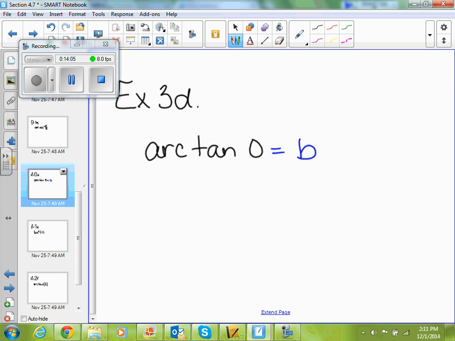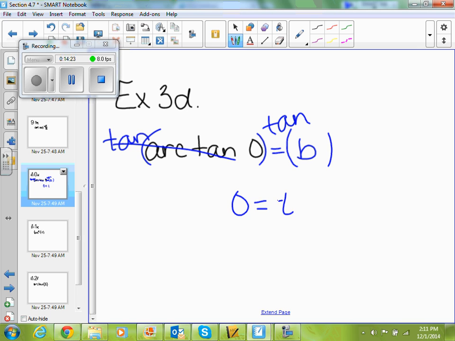So I'm just going to set it equal to b. You would use a or c or z or whatever you want to use. So then if I take the tangent of each side in order to get rid of my inverse tangent, those cancel and I get 0 equals the tangent of b.